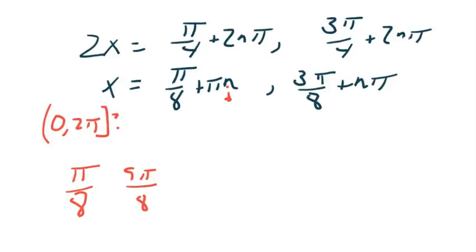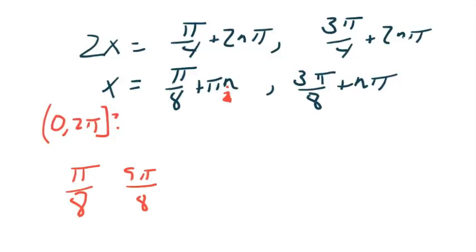Is that in the interval? Sure, 9 pi over 8 is less than 2 pi. So now we're going to let n equal 2. Pi over 8 plus 2 pi is bigger than 2 pi, so n equals 2 will not yield a solution, and no larger n's will yield another solution.